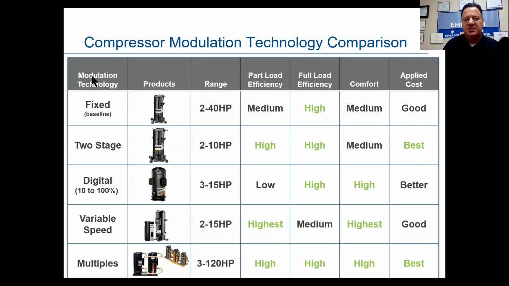We have the modulation technology on the top left, and then we have our products, the range, what horsepower they come to, the part load efficiency, full load efficiency, and then what does that look like with comfort? And then we have our applied cost. So again, we start out with fixed. We then have two-stage. We have digital from 10 to 100%, variable speed, and multiples.